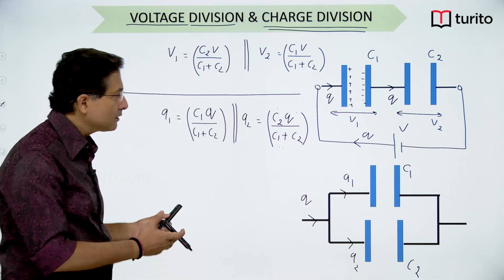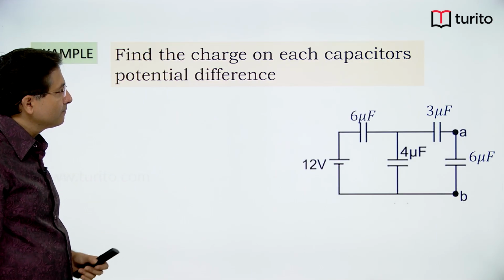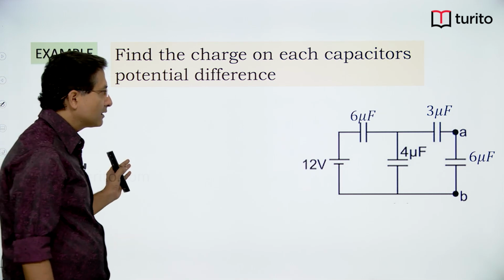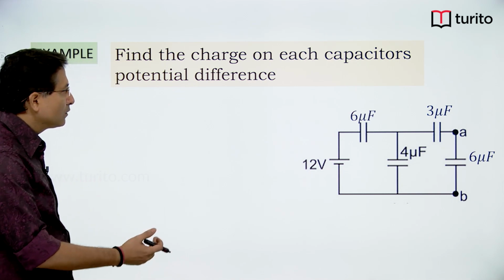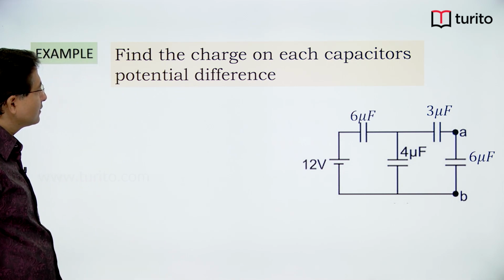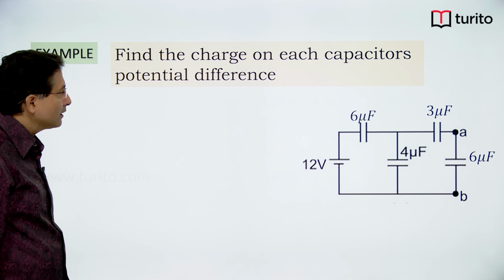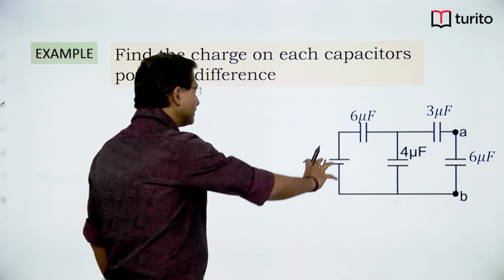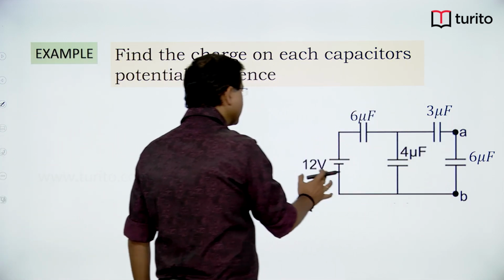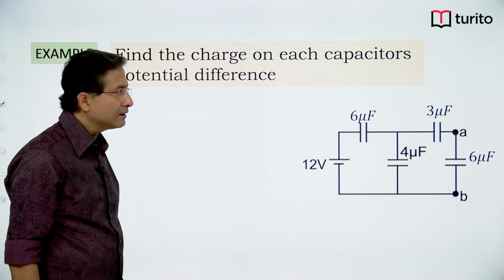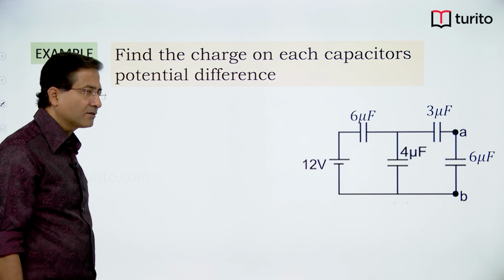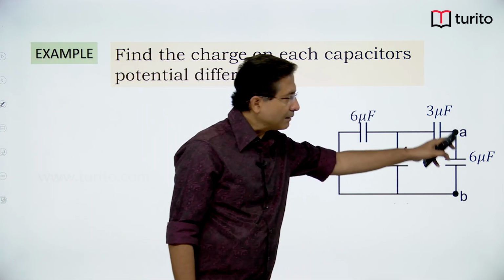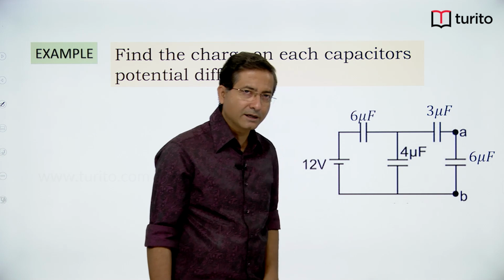Now let us take up a numerical so that you will understand what I was saying. See this circuit where this whole arrangement is connected to a 12 volt battery and you are asked to find out the charge on a capacitor, the potential difference across a capacitor, or the potential difference across any two points.